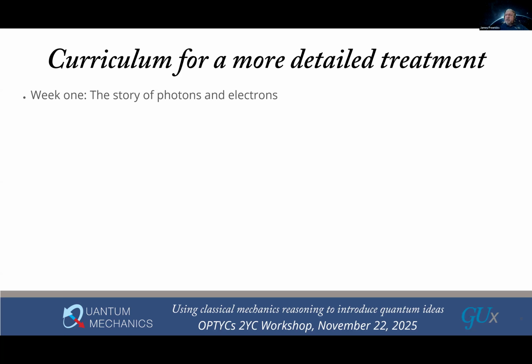The electron story is something that the textbooks all get pretty good. So I didn't show you materials on that because that stuff is actually pretty good in all the texts. You can feel free to use what they have. Then in the way that we lay out the material, we talk a little bit about atomic physics and ultimately get into the Stern-Gerlach experiment and talk a lot about exactly how the Stern-Gerlach experiment works.